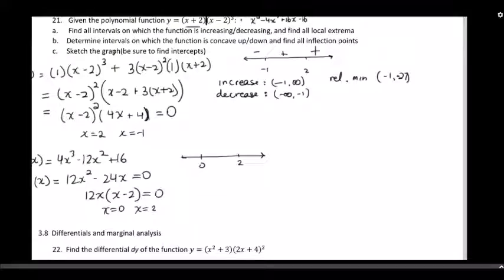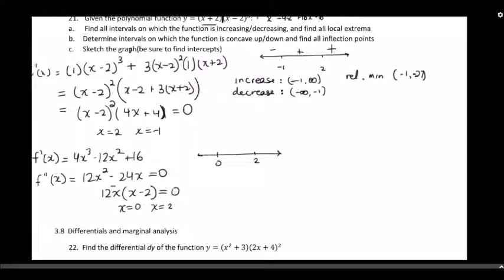Now, if we use test points in each of the intervals, something to the left of 0 could be like negative 3. That's going to make a negative here and a negative there. But a negative times a negative turns out to be a positive, so that piece of the graph's concave up. A test point in that interval could be 1. That makes a positive and a negative, which is negative. So that portion of the graph between 0 and 2 is concave down.